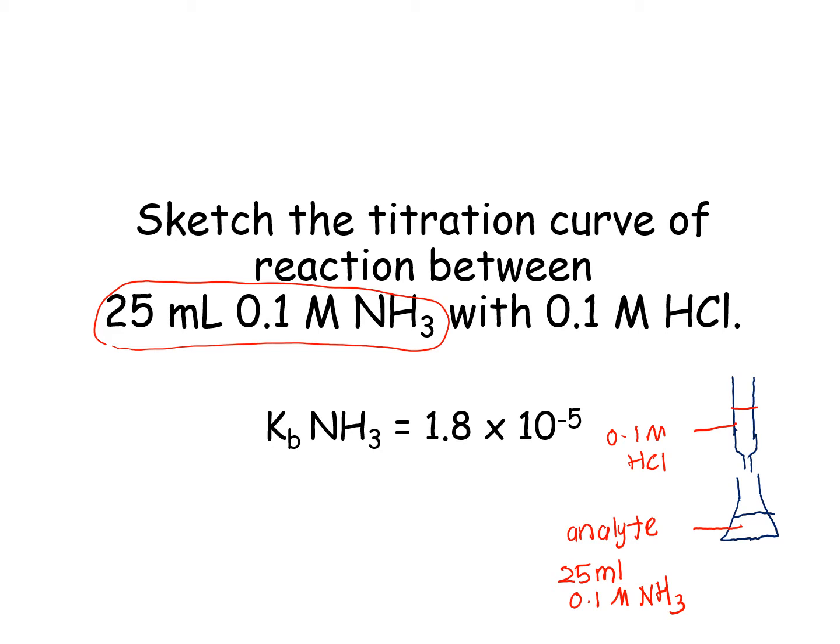But for this reaction, we start with an analyte base. So, bila base, pH dia akan tinggi. Jadi, kita boleh predict the shape of the curve, dia akan turun ke bawah. Later we're going to look. Okay, now let's move on to the first step.